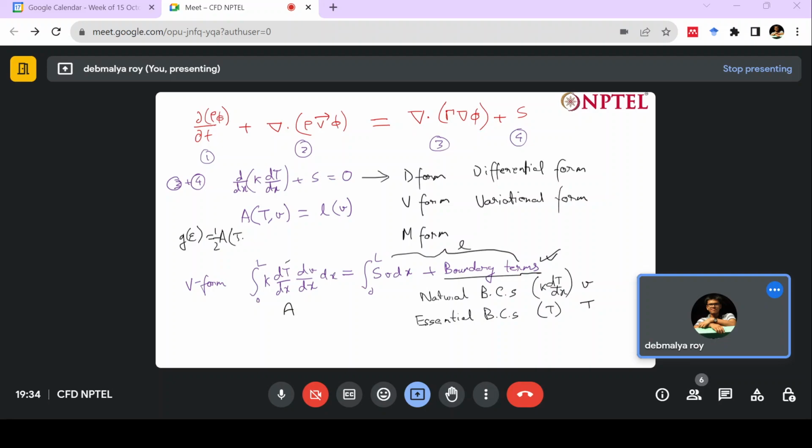Let's just say it's P plus epsilon P. If this expression is there, it says that the minima of this expression comes when epsilon is equal to 0. So whatever the minima is will come at epsilon equal to 0.